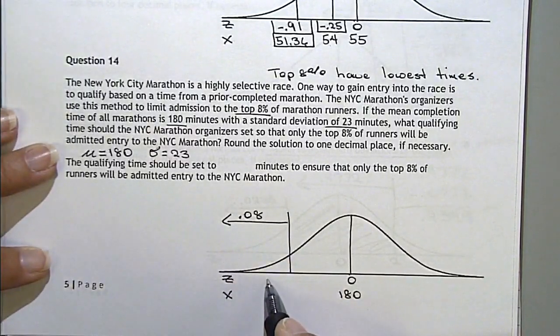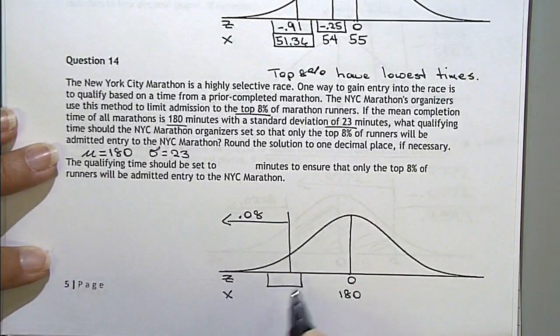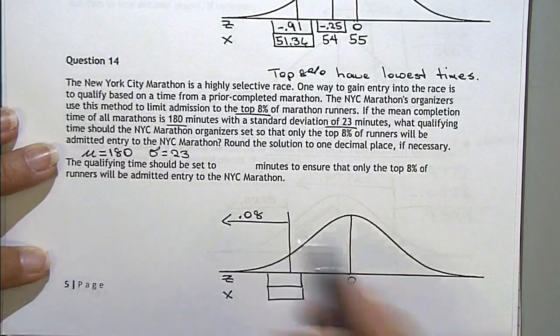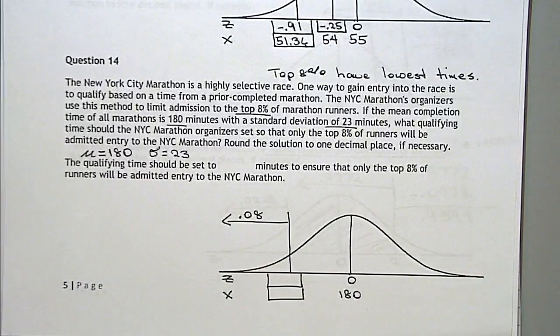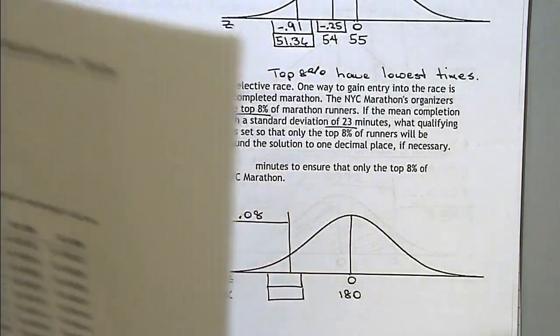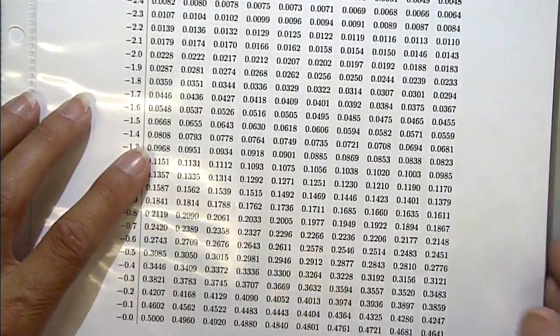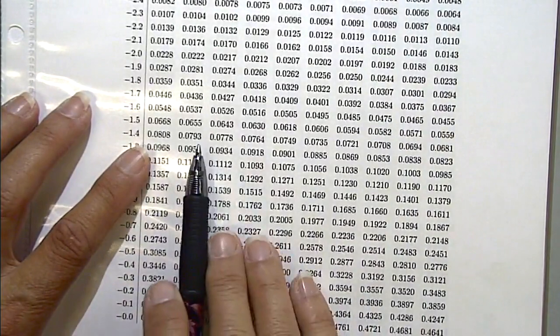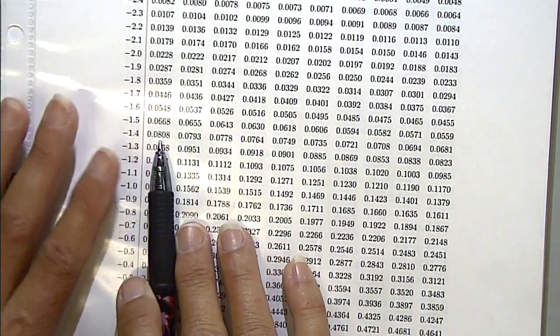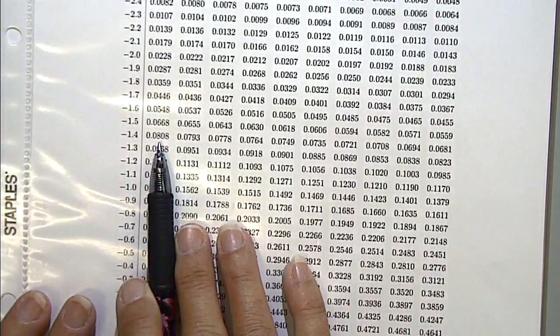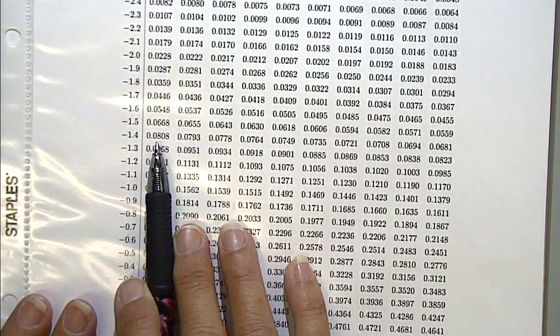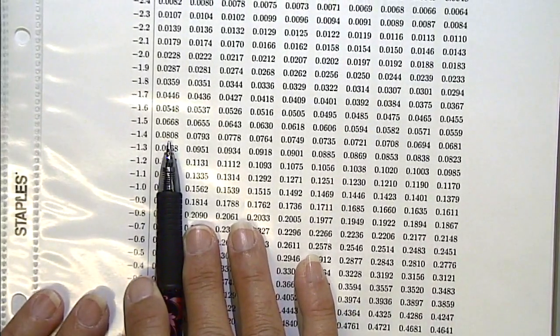Do I know the Z-score? Nope. Do I know the X value? Well, that's eventually what I want to know. I can get to the Z-score. I can look up 0.08 over there on my Z-table, can't I? I get as close as I can get to it. I'm going to go with this one. It's pretty close, 0.0808.